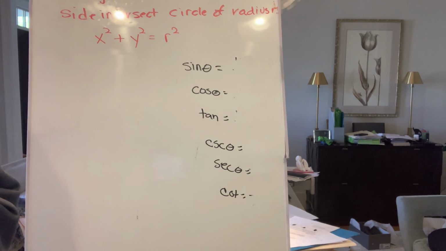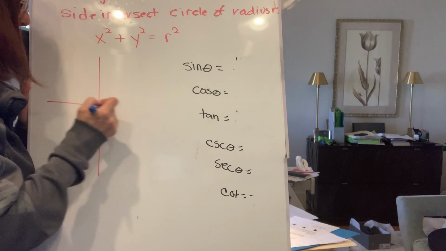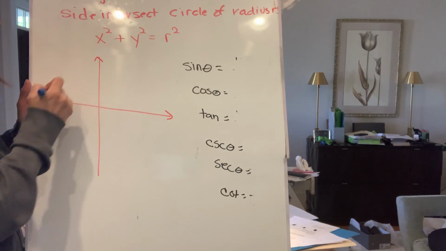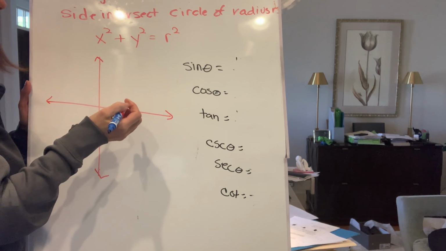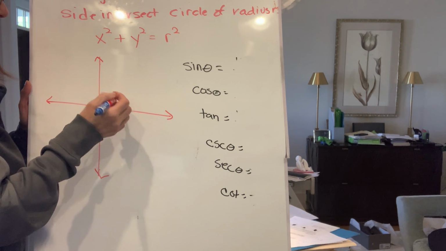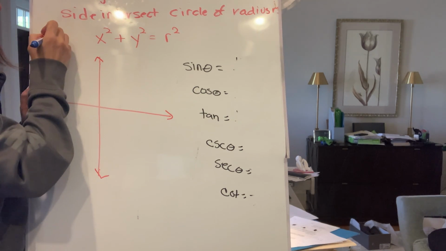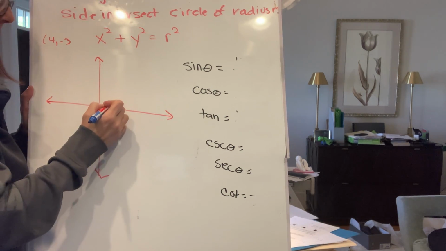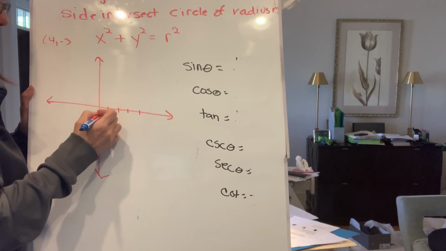So again, I'm going to draw my coordinate plane. I'm going to draw the point 4, -3. So let's go here.